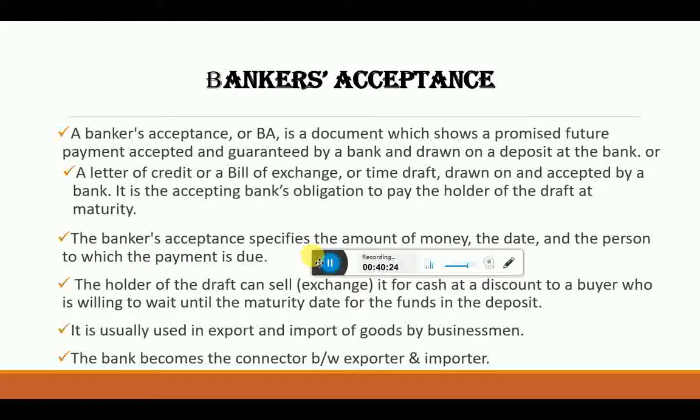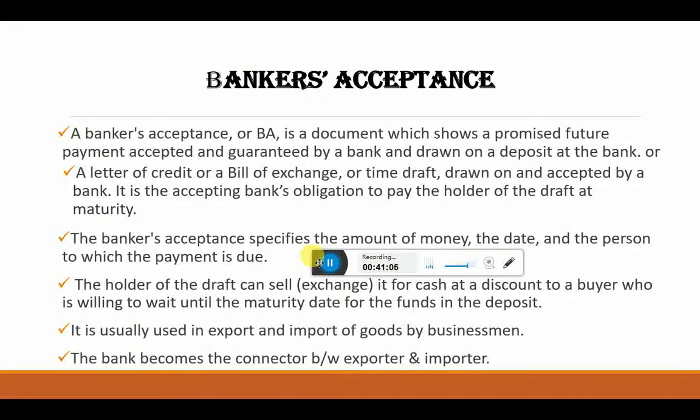So for example, I want to import some goods which cost me $10,000. So before transferring this $10,000, I contact my bank to issue a banker's acceptance on the bank of the exporter, who is in, for example, India. So on my behalf, my bank issues a note or a bill or letter of credit or draft, whatever you call it, informs the exporter's bank, and the exporter's bank accepts that.